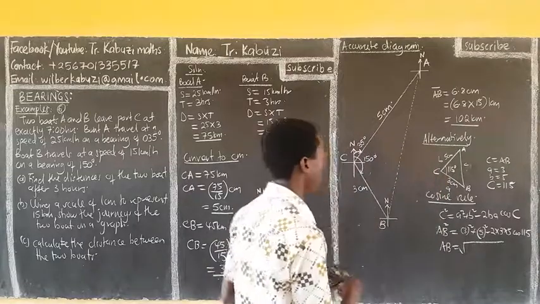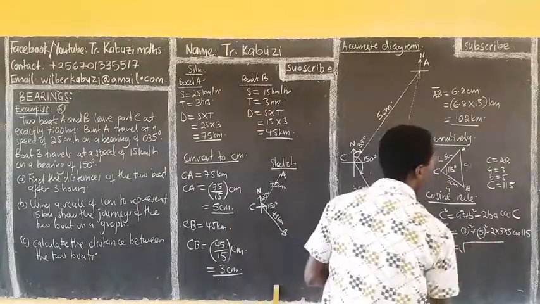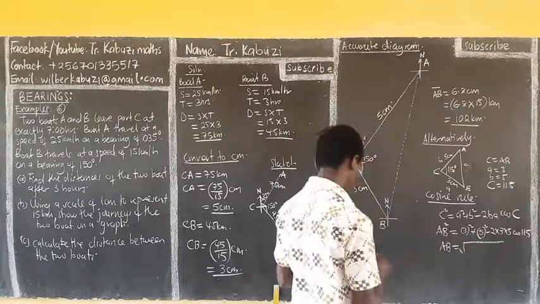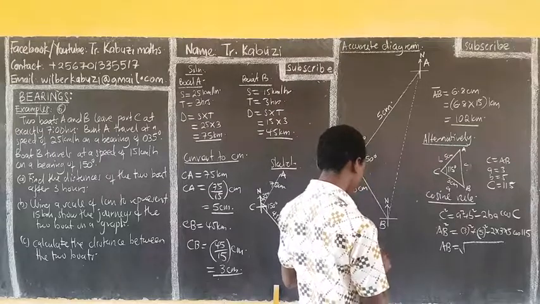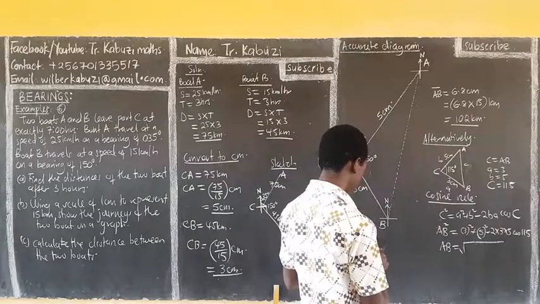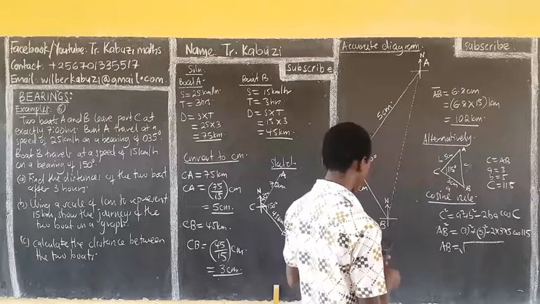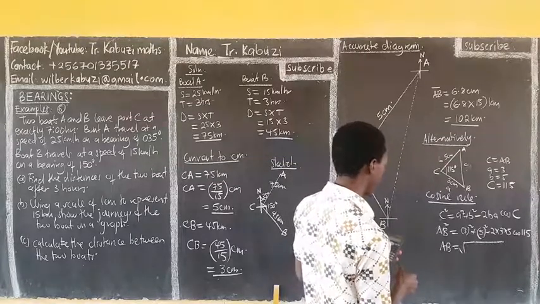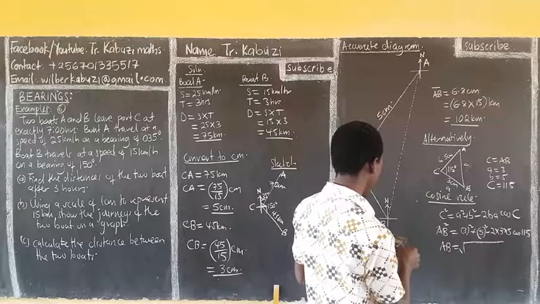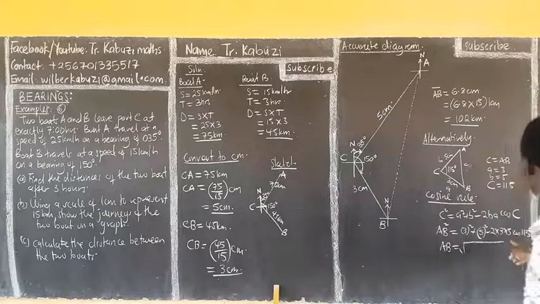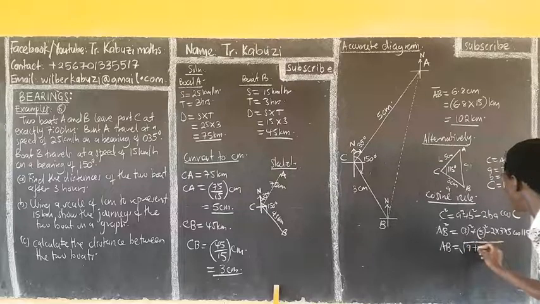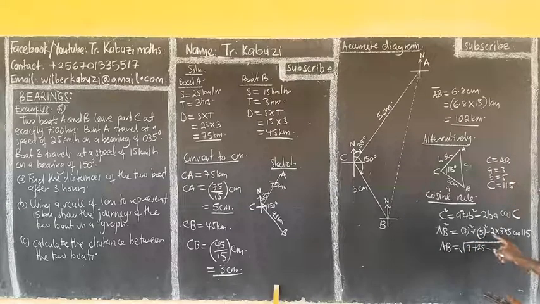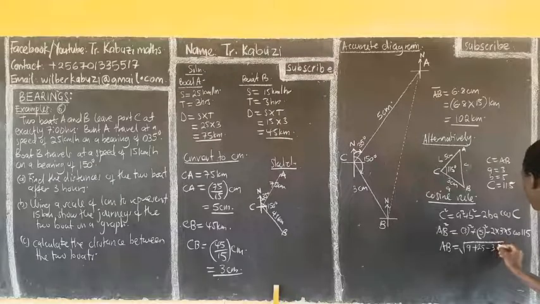What do we get there? So we have 9 plus 25, then minus 30 cos 115.